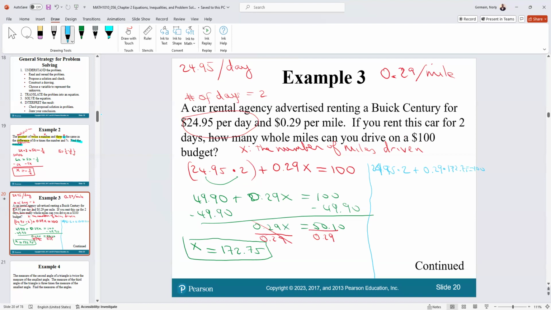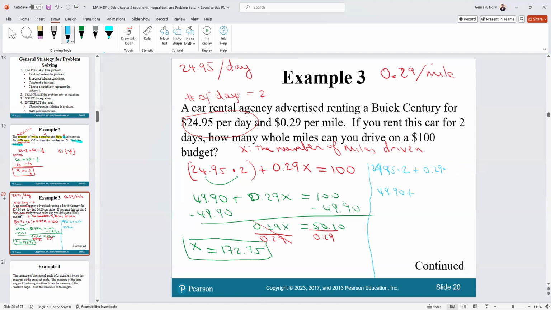Now, when we do that, we remember this side gives us 49.90. What is 0.29 times 172.75? No, sorry, that's not what I'm supposed to do, because I'm trying to show the whole number.